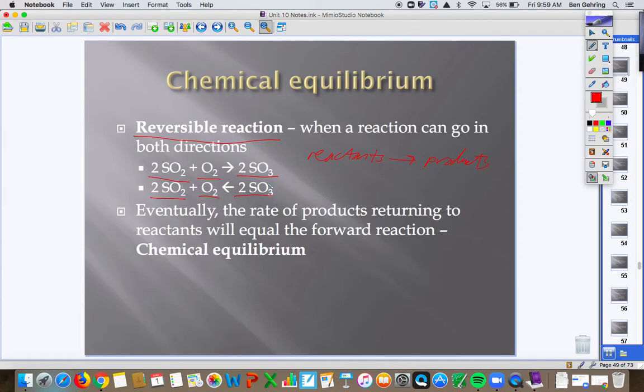What this reaction is looking for is chemical equilibrium. That is when the rate of the products returning to reactants equals the rate of the forward reaction. So essentially you have reactants becoming products, and you have products becoming reactants.